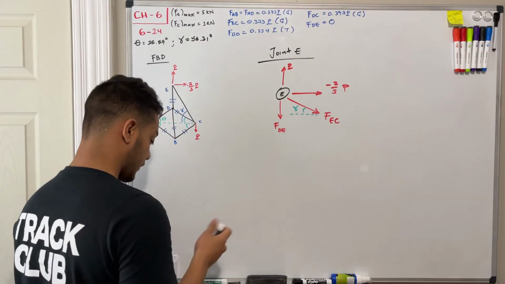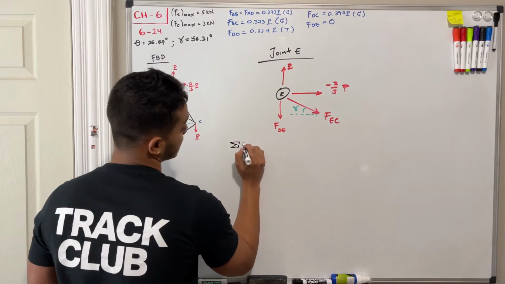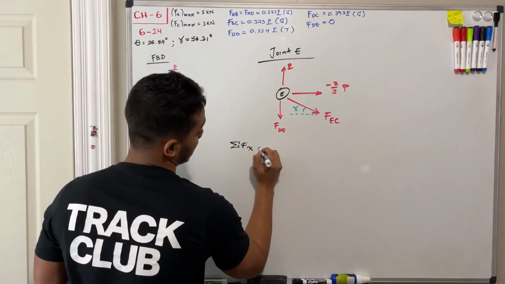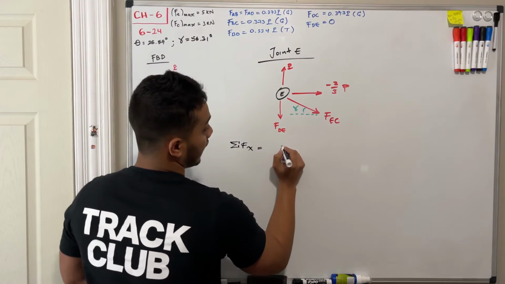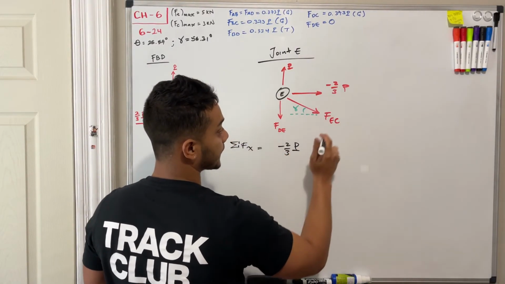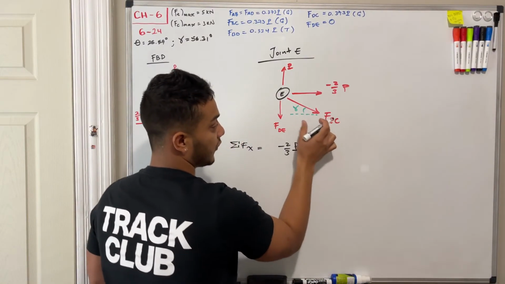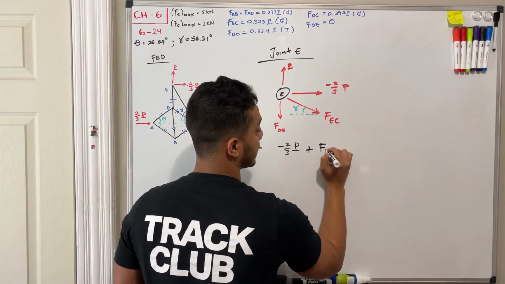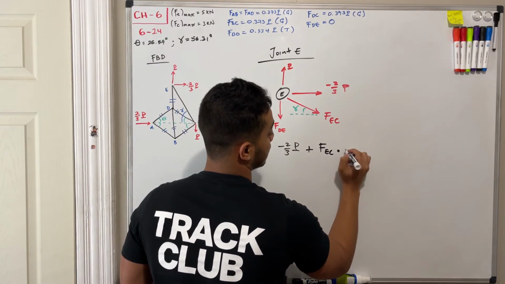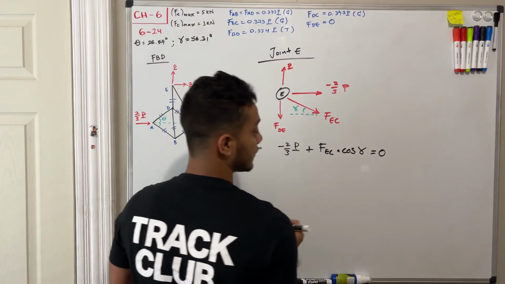So we're good with that, and we're going to do the summation of forces in the x direction. What do I got? I got negative 2/3 P, right? Plus, I got the x component of FEC, therefore multiplied by my cosine of gamma, and this should be equal to 0.